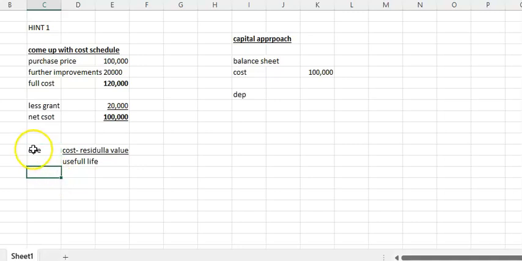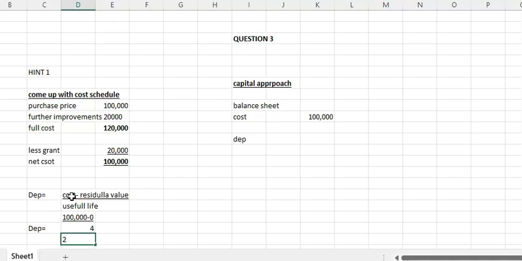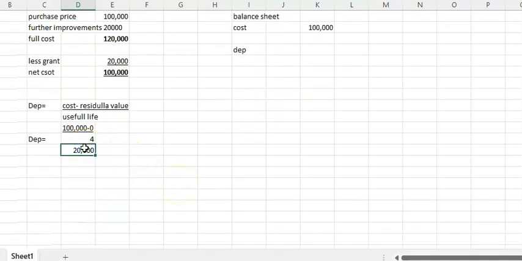So our depreciation will be equal to the cost of 100,000 minus 0, divided by the useful life of 4 years. In the end, depreciation is 25,000.